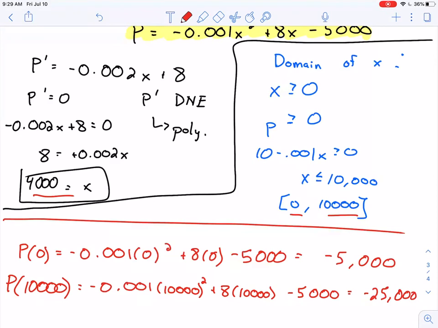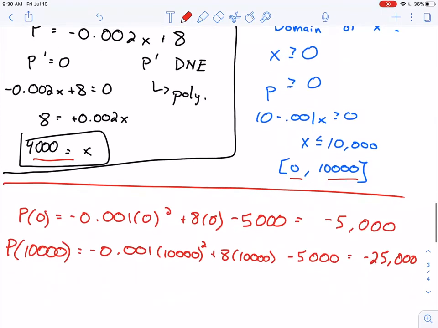Neither of these seem like particularly good options. Luckily, though, we found this critical point up here at x equals 4,000. All I really need is for that to not be negative, or at least be less negative. So I'm going to plug 4,000 into my profit function, and hopefully, fingers crossed, we'll end up with a positive value.